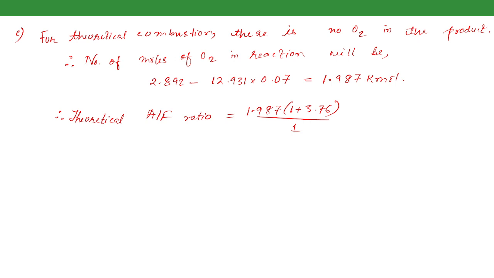Accordingly the moles of nitrogen will be 3.76 times of that. So on a molar basis, this will be the air fuel ratio, which comes out to be 9.46 kilomole air per kilomole of fuel.